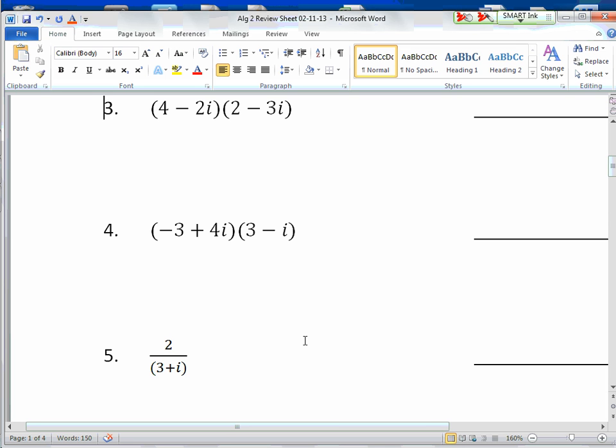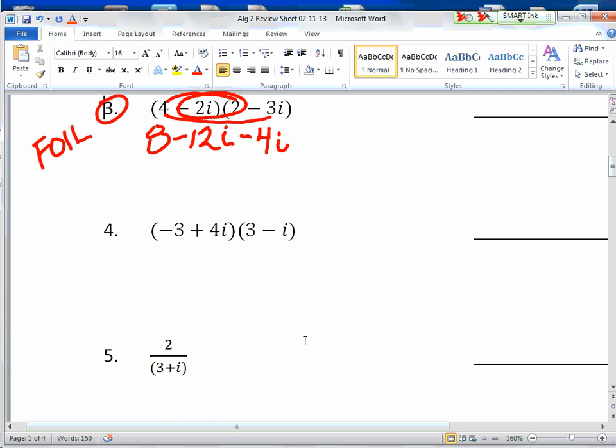Okay, so starting with number 3, we're going to FOIL. So first gives us 8. Outer gives us -12i. Inner will give us -4i.